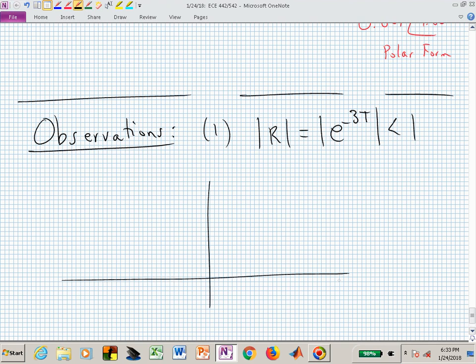You can see that if we call the real part of S x, and we draw a curve e to the x. This is our e to the x curve. And what's this point right here? That's when x is equal to 0. What's e to the 0? Anything to the 0 is 1.